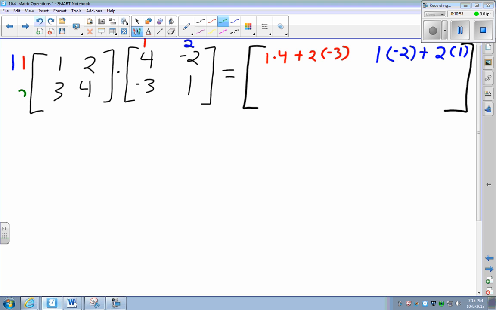All right, so now we've multiplied our first row twice. Now we need to move on to our second row. So our second row is going to be multiplied by the first column of our second matrix. And so we'll have 3 times 4 plus 4 times negative 3.